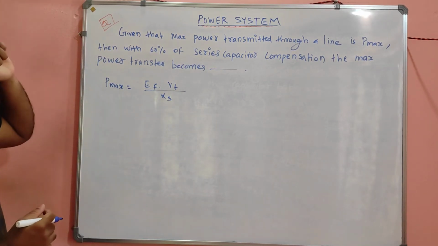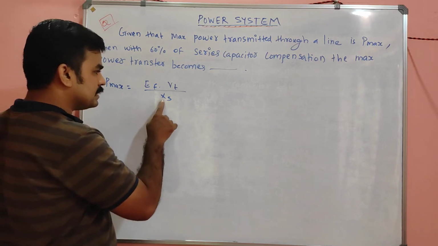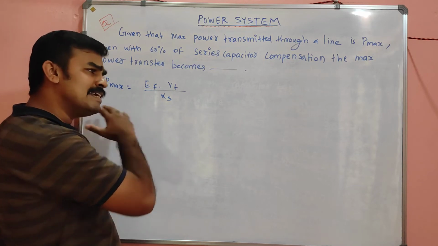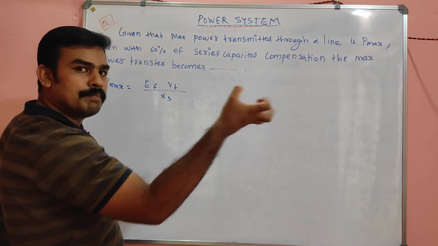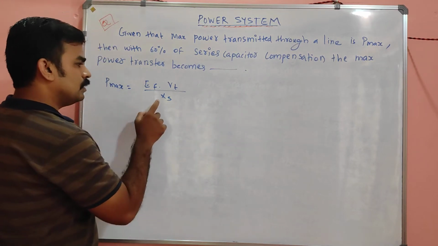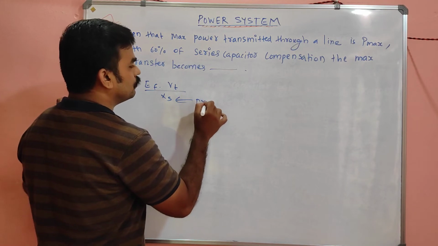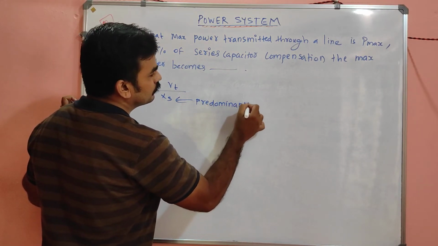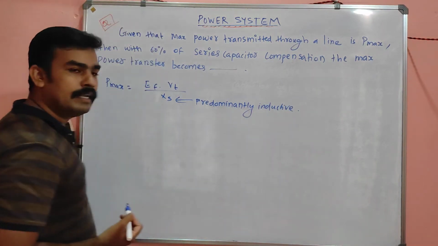Okay. Now, with the 60% of series compensation, see, my dear, this Xs is nothing but the synchronous reactance, or simply the reactance of the transmission line or the reactance of the total system, from where the power starts to where the power is received. So this is predominantly inductive.